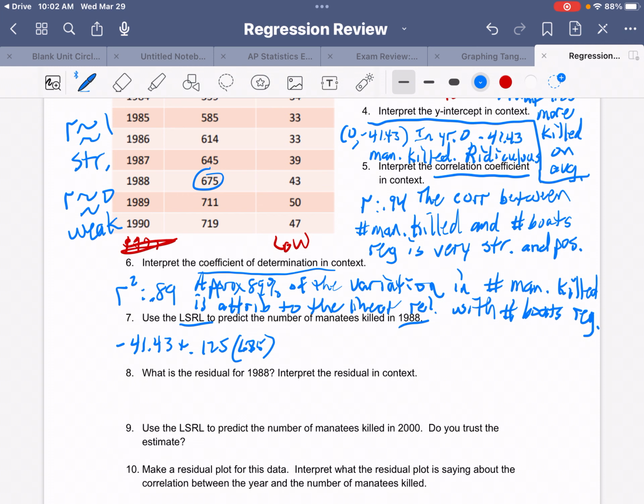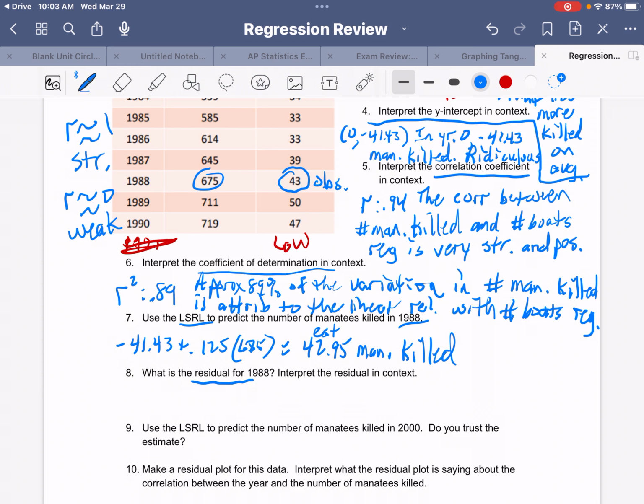We have negative 41.43 plus 0.125 times 675 is 42.95 manatees killed. Well, notice that there were actually 43 manatees killed that year. This is the observed number of manatees killed, and this is the estimated number of manatees killed.